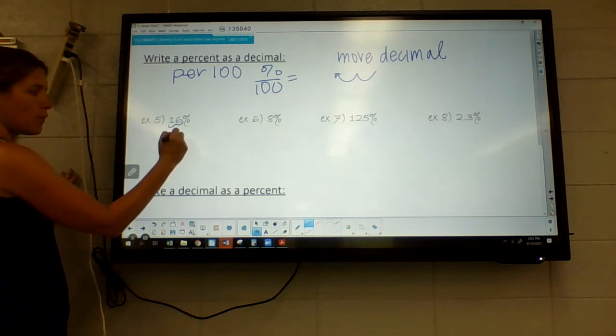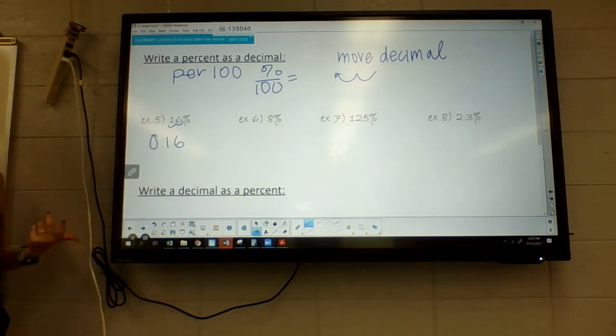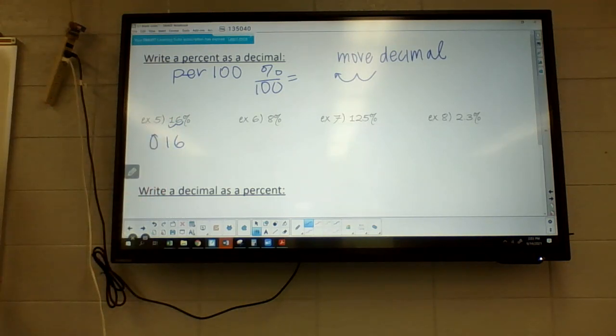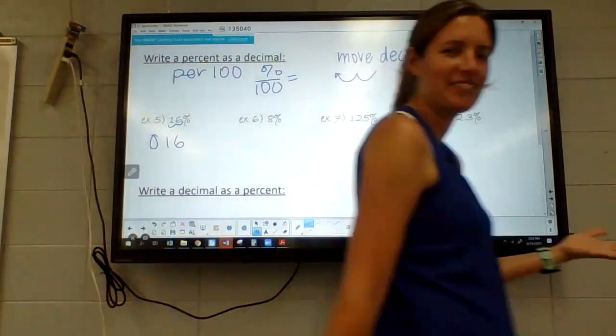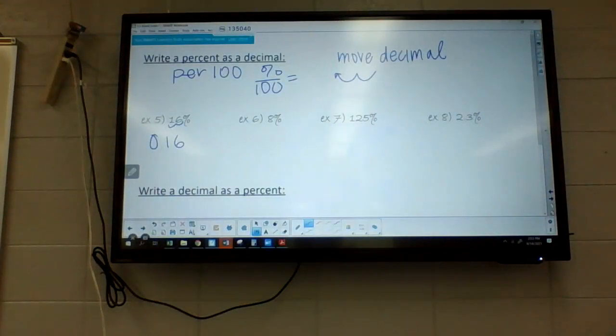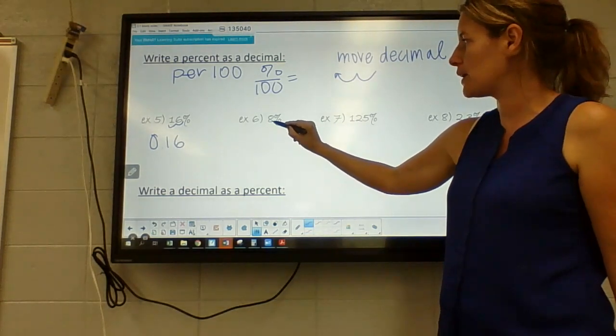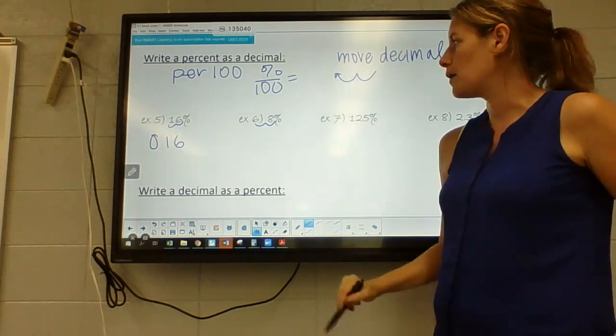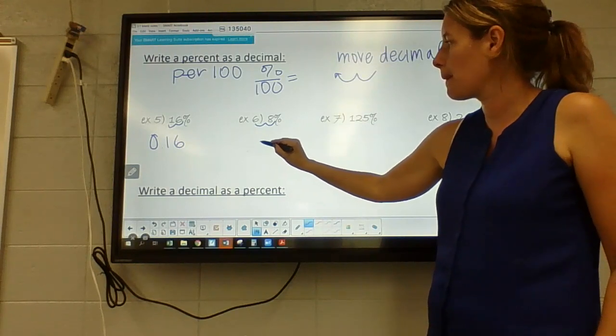So this is 0.16. I'm going to put a 0 there as a placeholder, so you can tell that we have that decimal there. Then for the 8, we move it over twice.